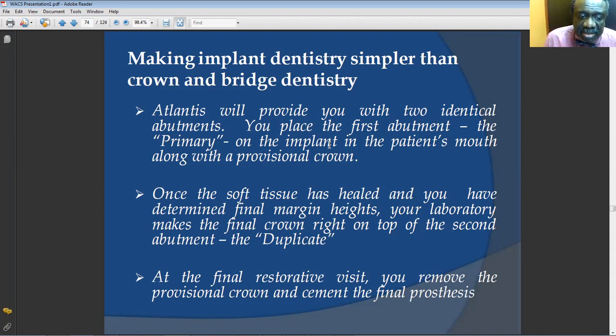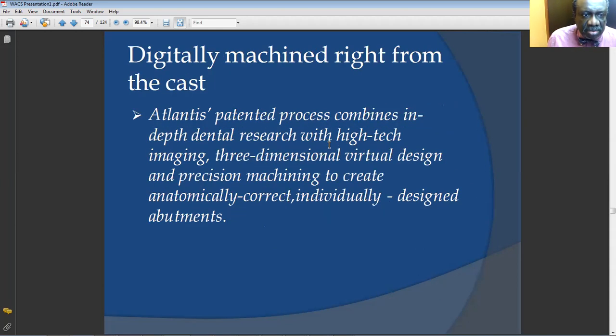Then your laboratory makes the final abutment right on top of the second abutment, which is the duplicate. At the final restorative visit, you remove the provisional crown and you cement the final abutment. So it is digitally machined right from the cast.